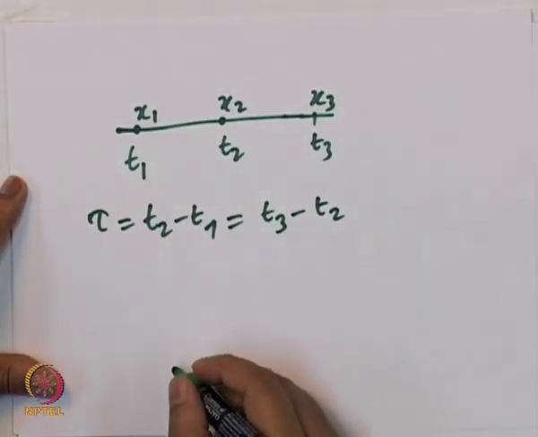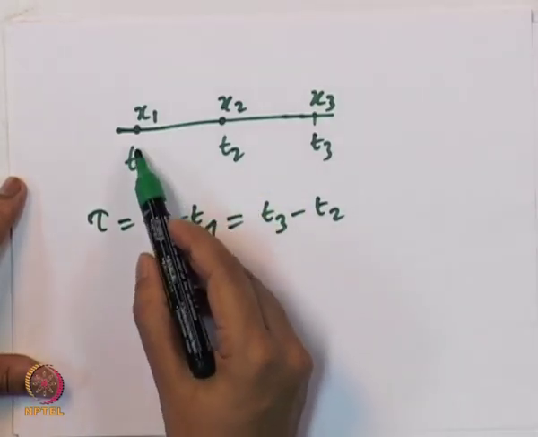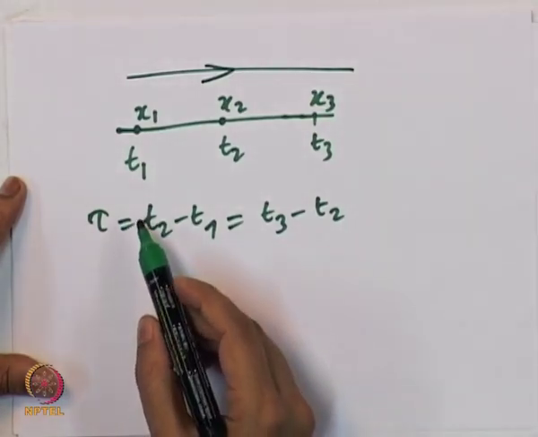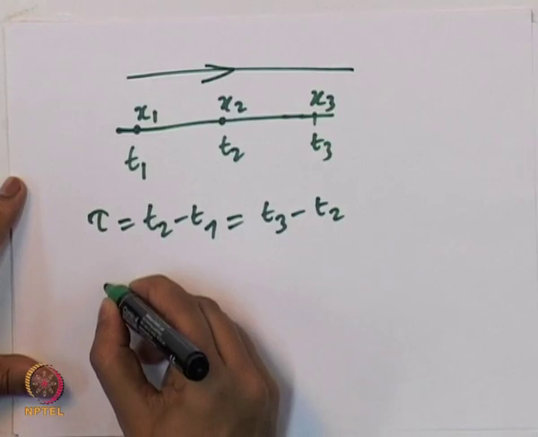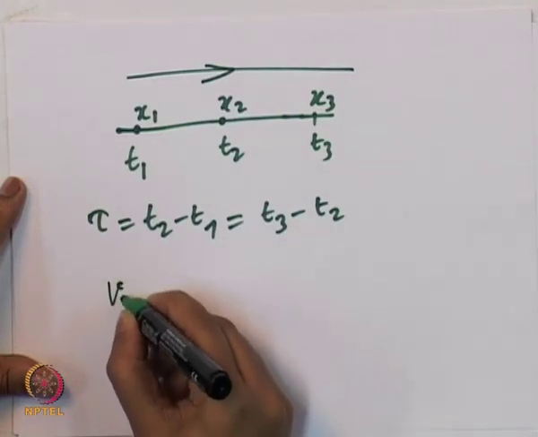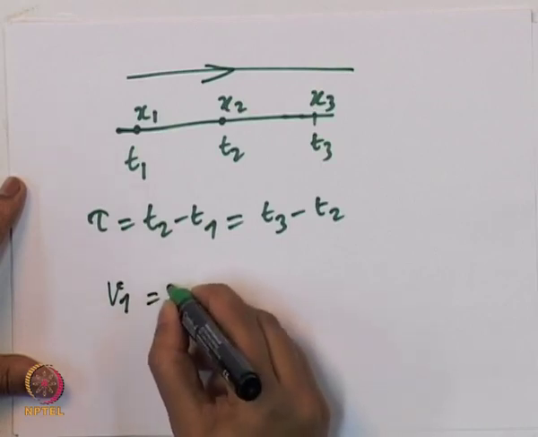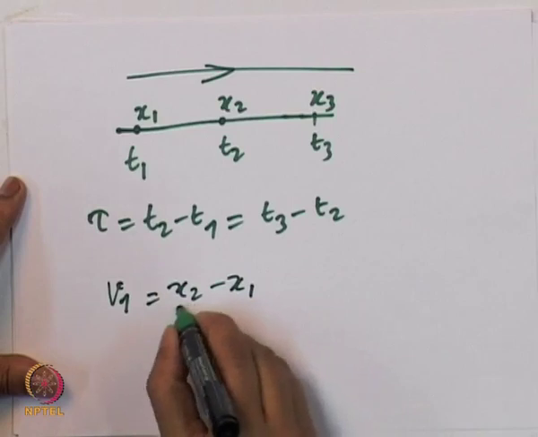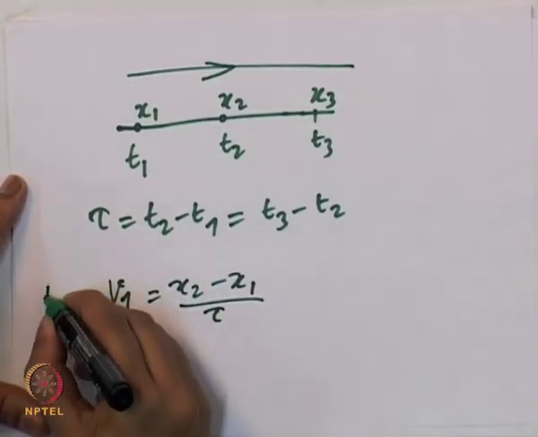So based on that, we can compute the mean velocity while the body is moving in this direction between x2 and x1. So the mean velocity v1 is equal to x2 minus x1 divided by tau.